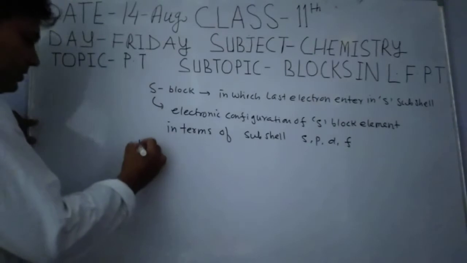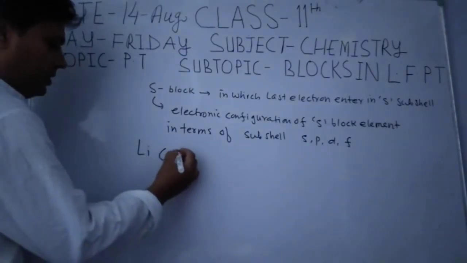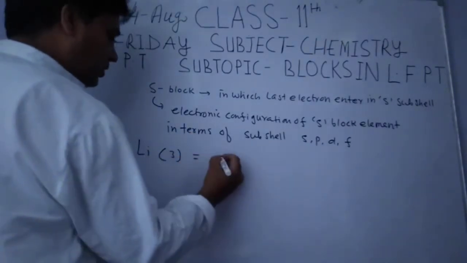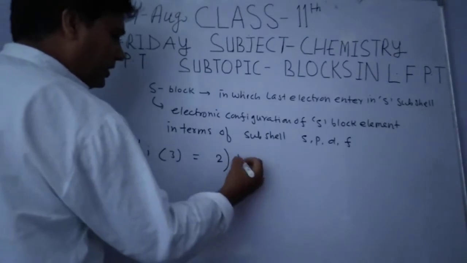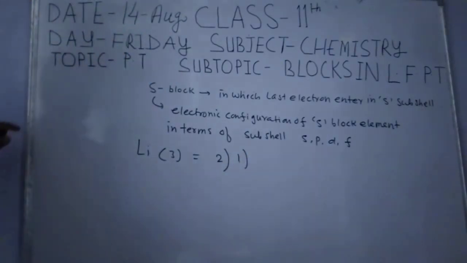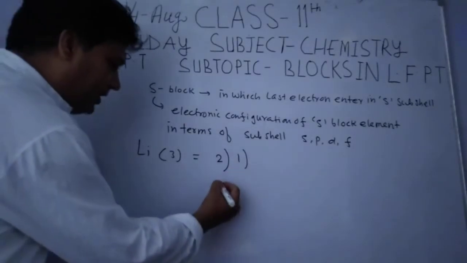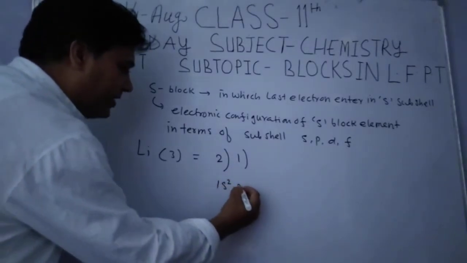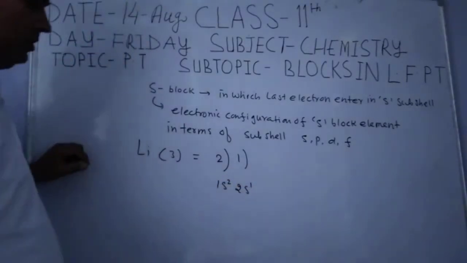Next, first element is lithium, its atomic number is 3. So first cell contain 2 electron and second cell contain 1 electron. So we can write 1s2 and 2s1.